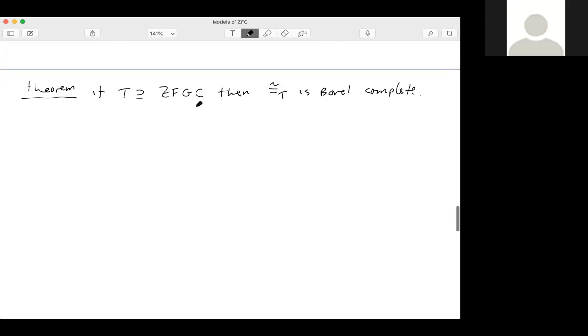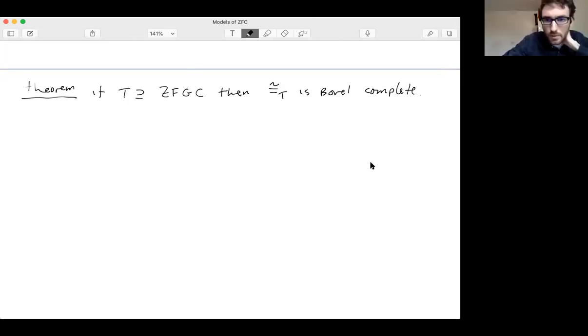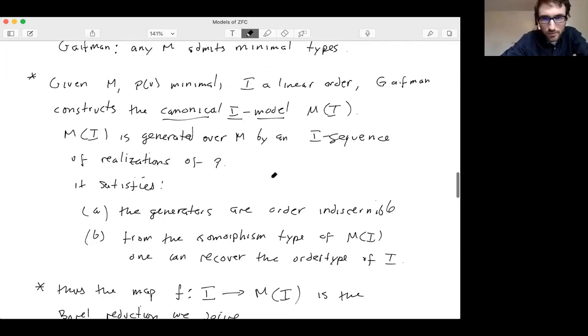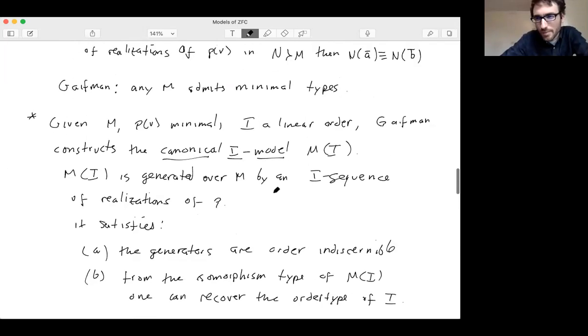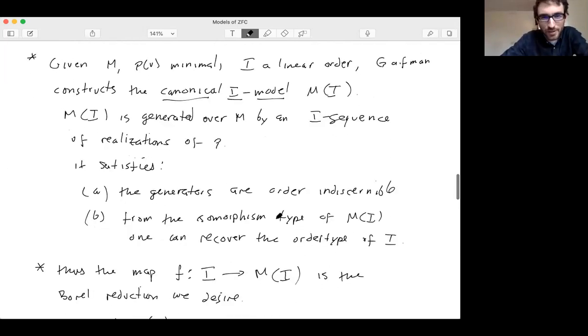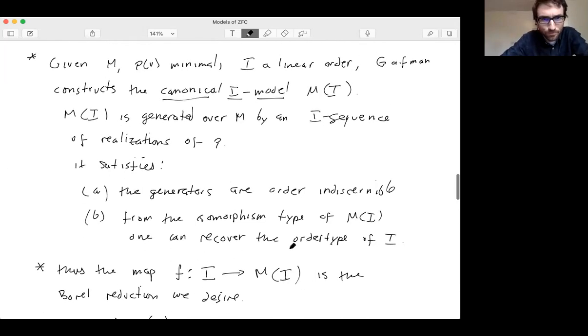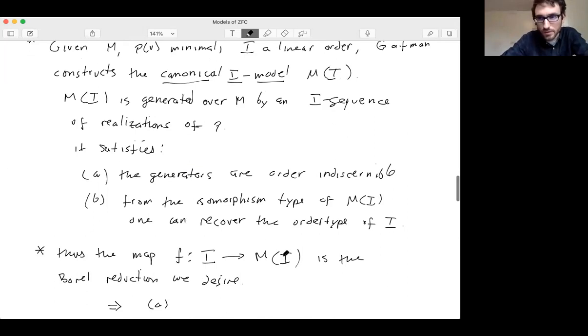Sam, since we're in questions, there is something in chat. Oh, great. Is obviously F Borel? Well, that's one of those things that maybe we did, I don't remember. We didn't think about it too greatly, but the construction is one of these Skolem hull type of constructions, so that can be executed in a Borel way.